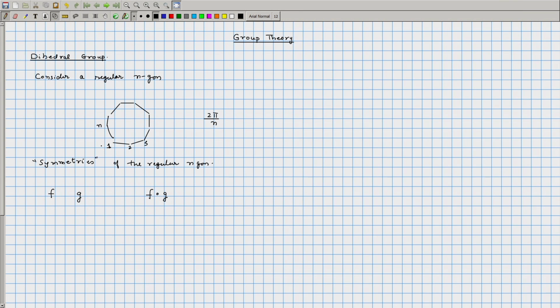Okay. The permutation decides, if 1 was this particular vertex, after the rigid motion this vertex has to end up as some other vertex. Which vertex is it? Vertex 2 has to end up in one of these other vertices. Where does it go to? So, each symmetry can be described using a permutation. So, that is a key observation.